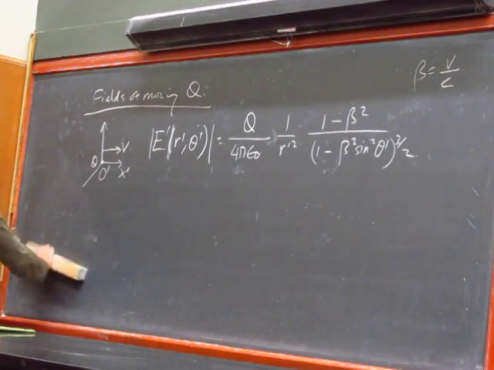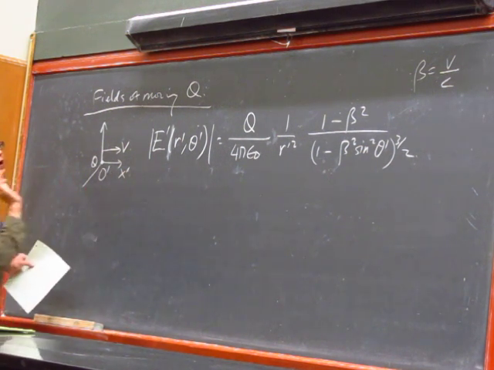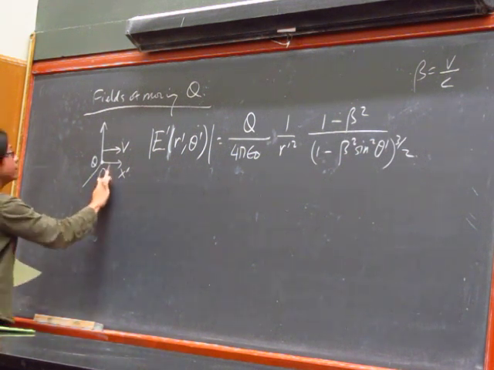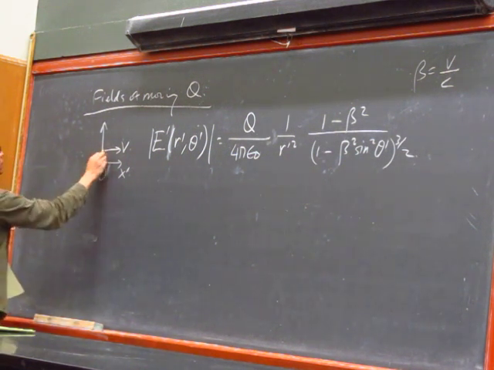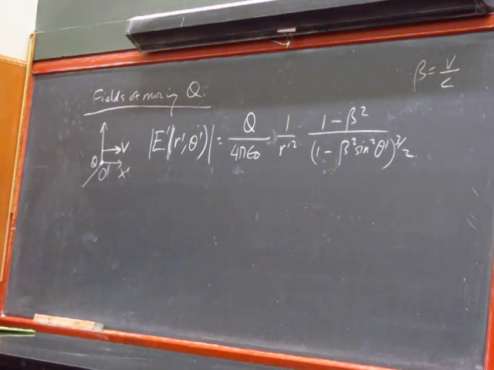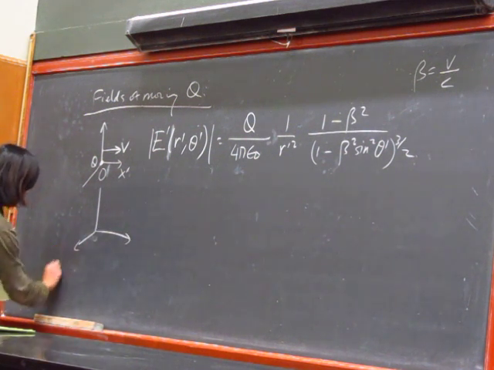The way I should draw it is that, I made a mistake. It's always easy to confuse prime and unprime frame. This is in the O frame, okay? In the O frame, I have a charge q moving with velocity v, right? And O prime is the lab.